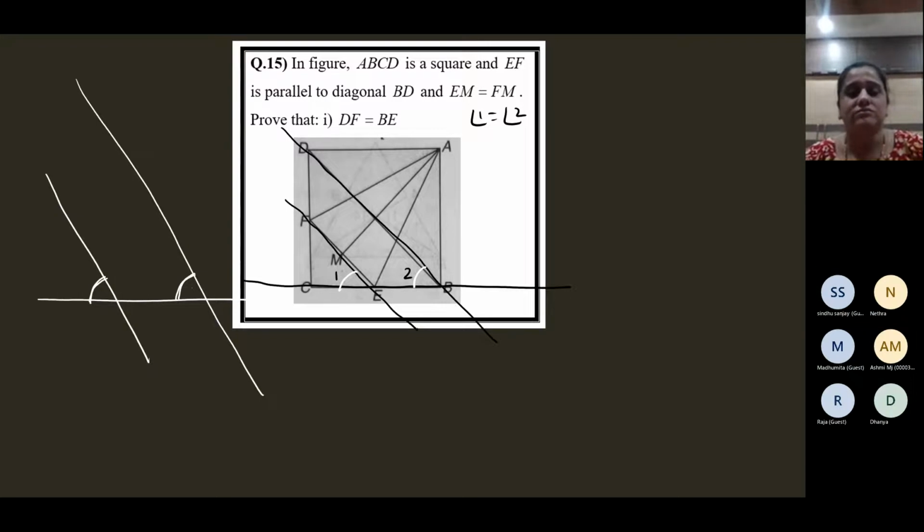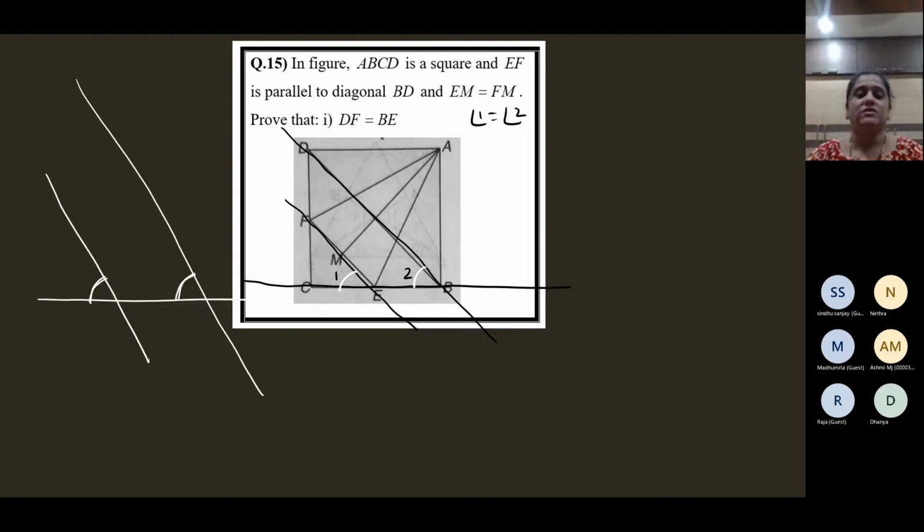All right, children. Angle 1 is equal to angle 2. Now, what do you say about triangle BCD? Ma'am, it's isosceles. Yes, BCD is isosceles.